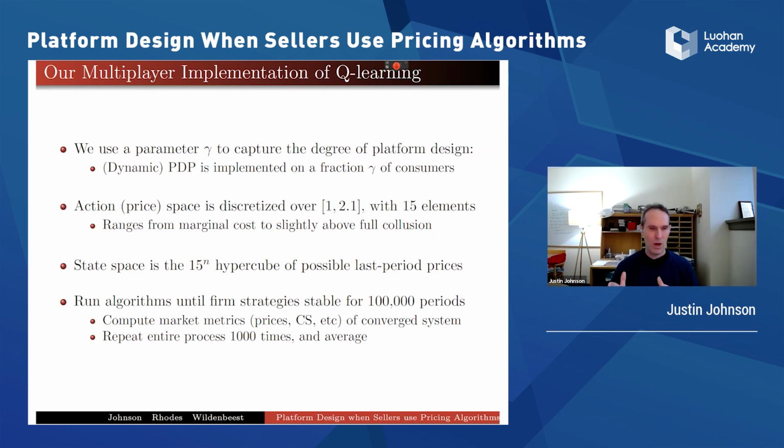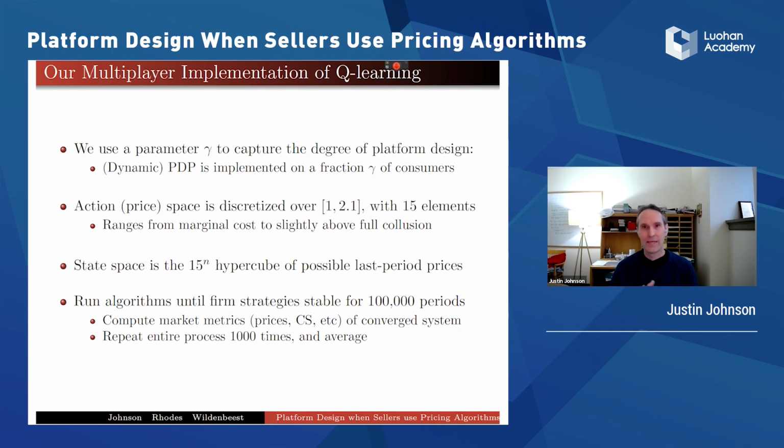If gamma is equal to 1, then 100% of the consumers are subject to demand steering. If gamma is somewhere in the middle, like gamma equals 1/2, then basically what happens in every period, half the consumers see all of the products or both of the products, and half of the consumers are going to be subject to demand steering. So for example, half the consumers will only see the low priced product, okay?